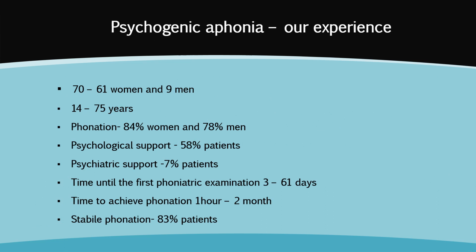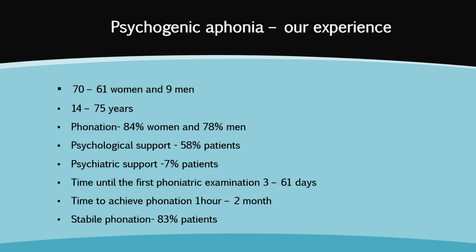In our experience, in our clinic, we had 70 patients with psychogenic aphonia in a 10 year period, 61 women and 9 men, from 14 to 75 years old. Phonation is established in 84% of women and 78% of men.